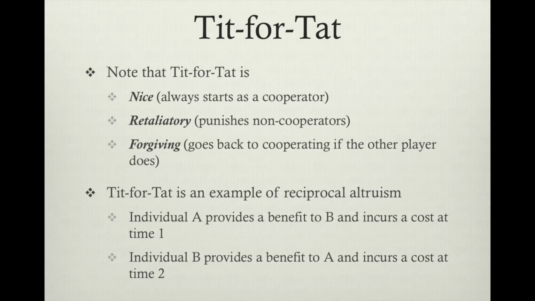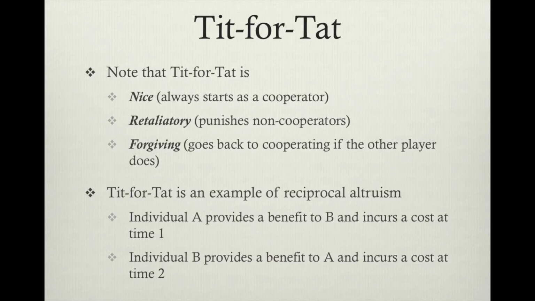It will go back to cooperating if the other player goes back to cooperating. So it's not as if you make one transgression and you violate that agreement of cooperation, and then you're defected upon from there on out. So these are the characteristics that make tit for tat a very robust, very strong strategy. It's nice, it's retaliatory, it's forgiving.